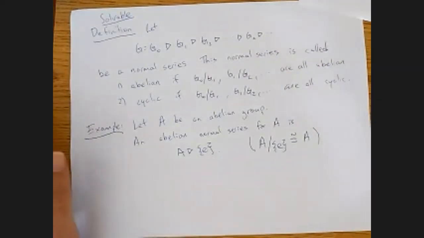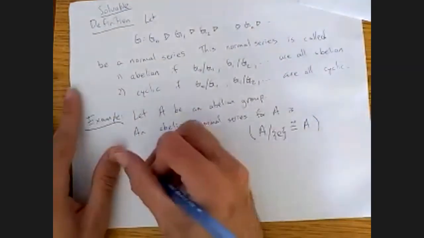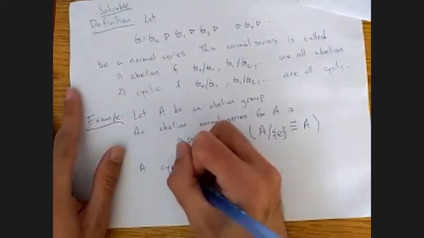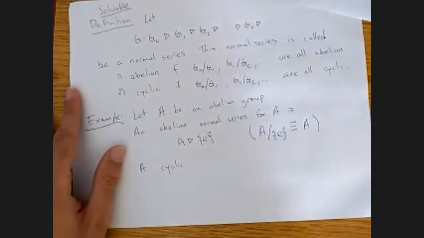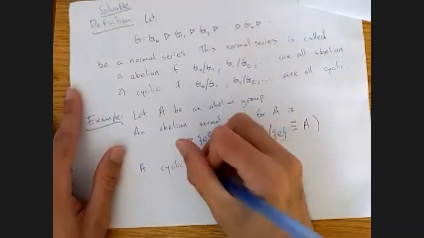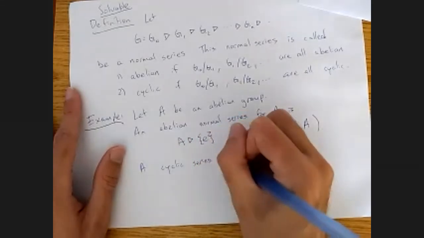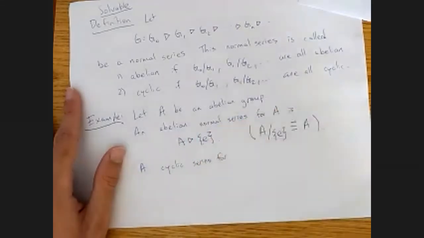Okay, and what is a cyclic series? Well, it depends on what A is. If A is cyclic, then a cyclic series is itself. So let's do a particular example.